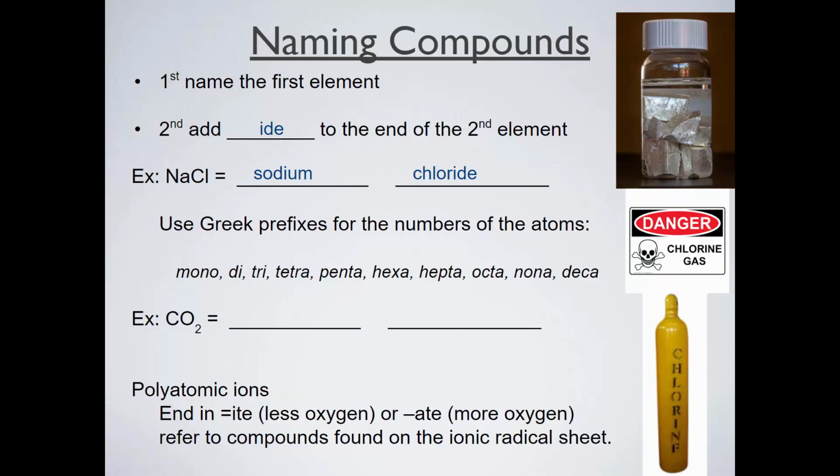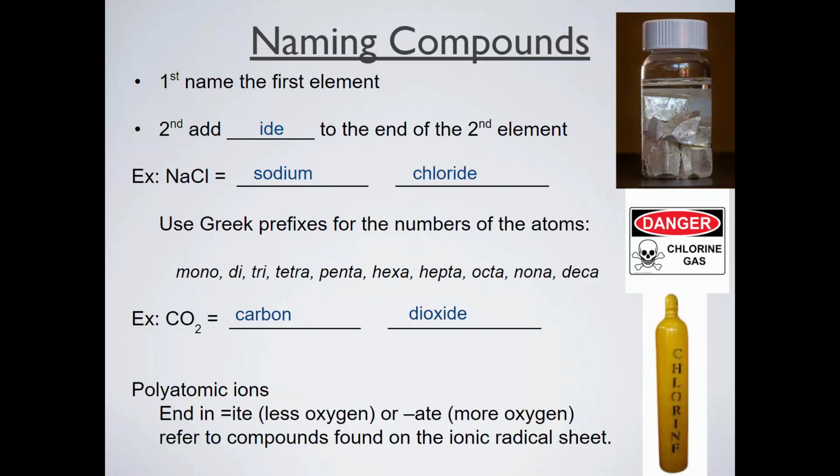And we then will use Greek prefixes to tell how many of the elements there are. So CO2, carbon. What's the word we're going to use for the oxygen? Well, for the oxide, and there's two of them, so we call it carbon dioxide.